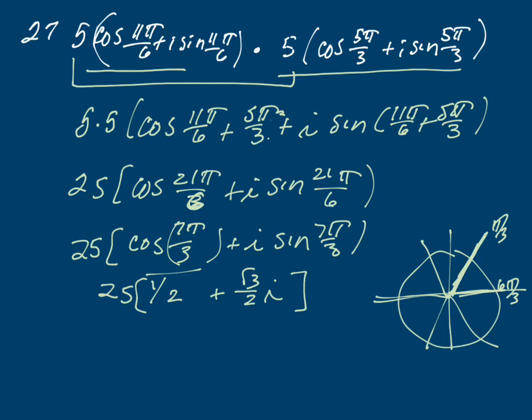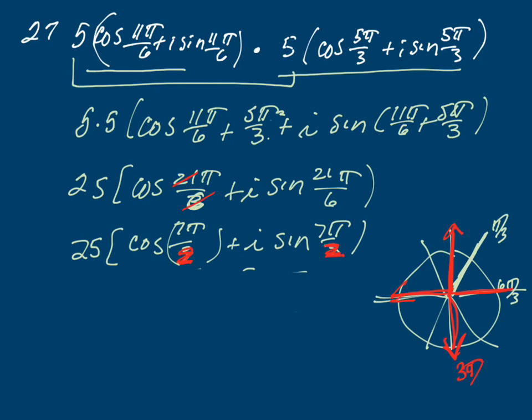It's 7 pi over 2, because when you simplify that, you're dividing by 3, so sorry, 7 pi over 2, I screwed that up. So we're not talking about those angles there. 7 pi over 2, let's go around again. Okay, this is pi over 2, 2 pi over 2, 3 pi over 2, 4 pi over 2, 5 pi over 2, 6 pi over 2, 7 pi over 2, which is equivalent to 3 pi over 2.